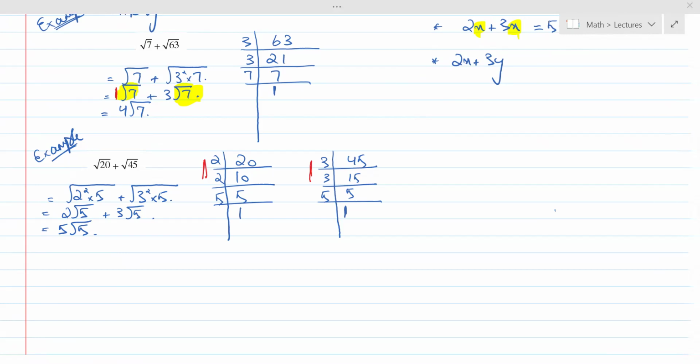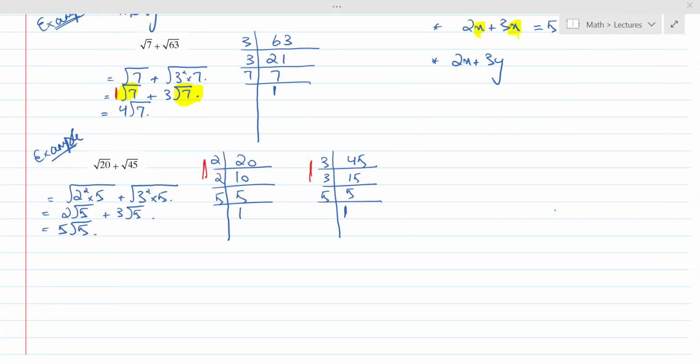Okay, so with surds, it's not only about adding or subtracting two numbers. It is possible that we might be asked to add or subtract three numbers as well.